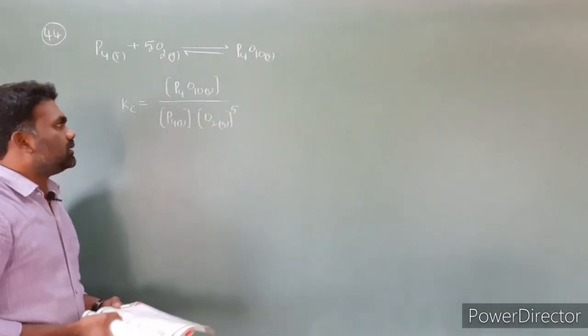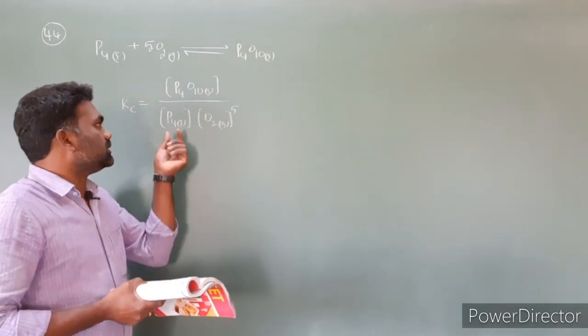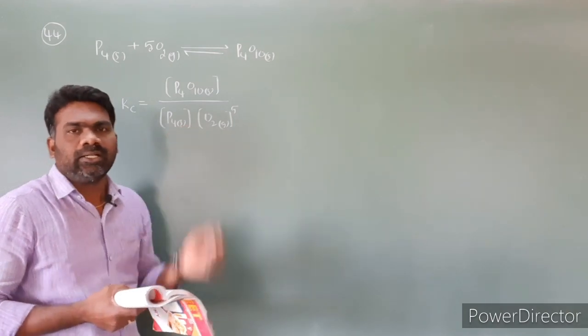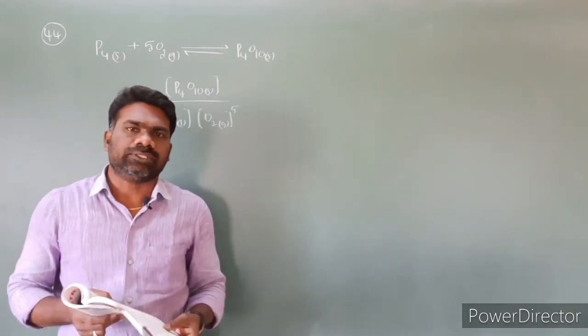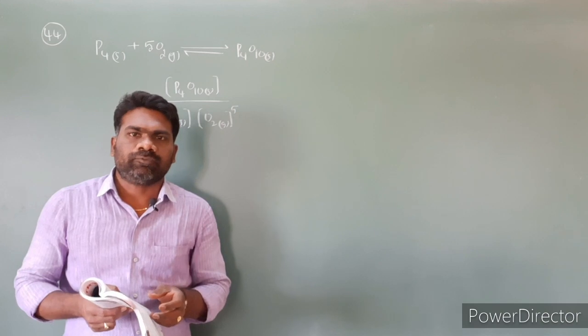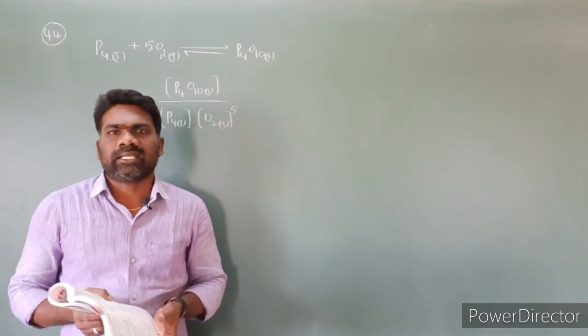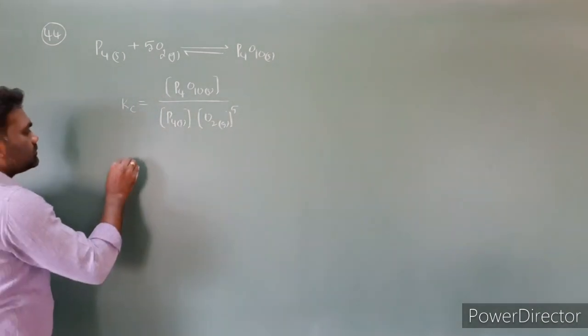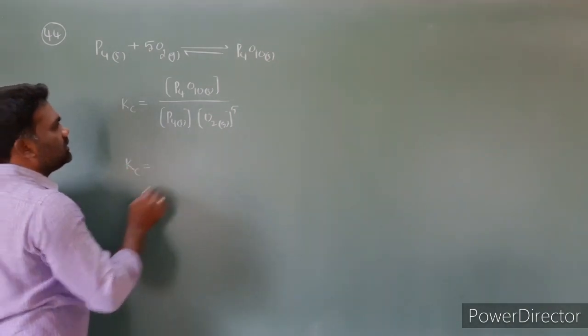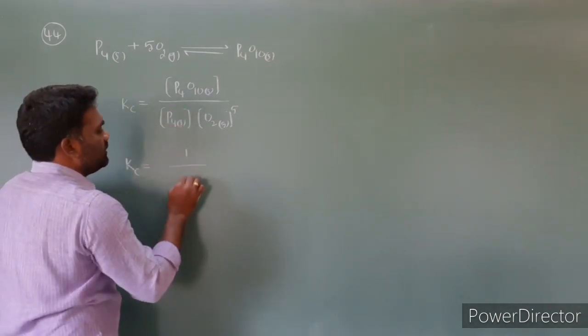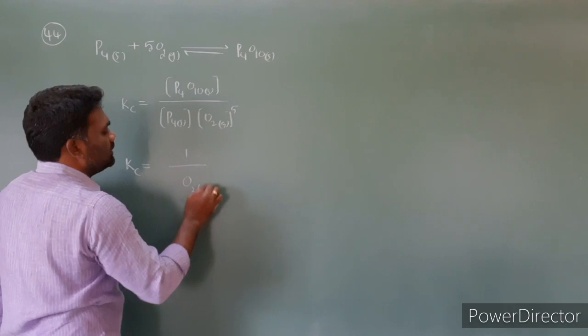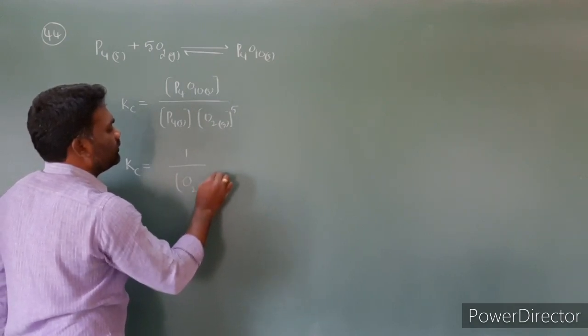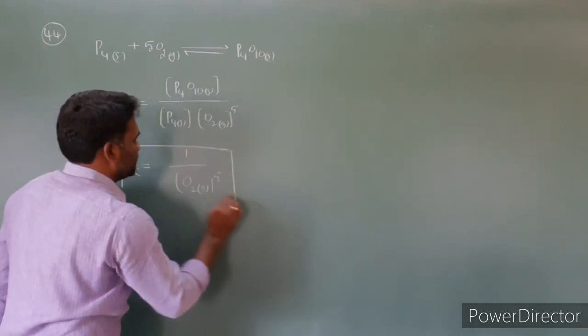And we know very well that the molar concentration of solid and pure liquid is taken as unity. Then Kc is equal to 1 by O2 concentration power 5. So this is the final equation.